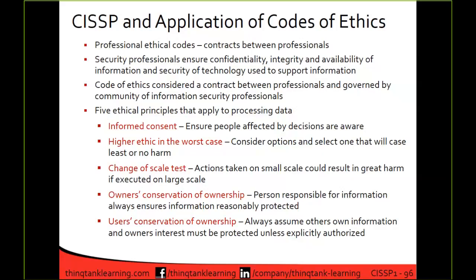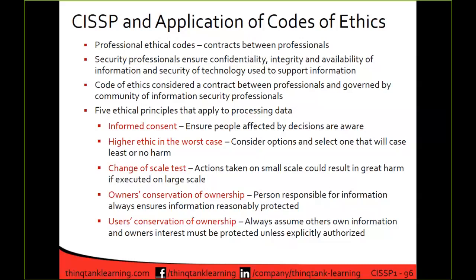The higher ethic in the worst case, meaning what? It means to err on the side of caution. Consider options and select one that will cause the least harm, right?